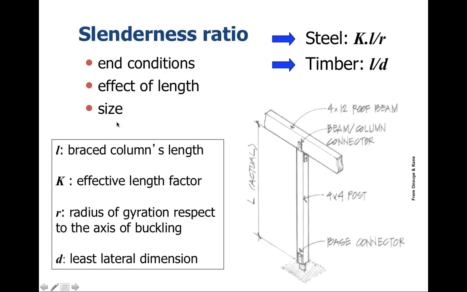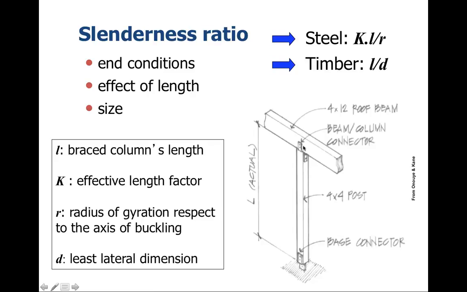The size would be the cross-sectional area, or the geometry of the column. So we have L, the unbraced column length. We have K, which is the effective length factor. R is another point that comes into it, R being the radius of gyration with respect to the axis of buckling, and D is equal to the least lateral dimension.